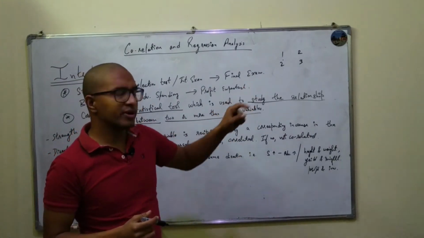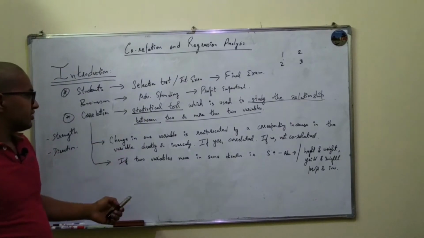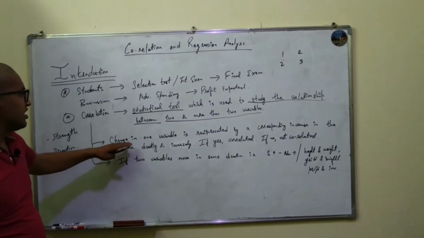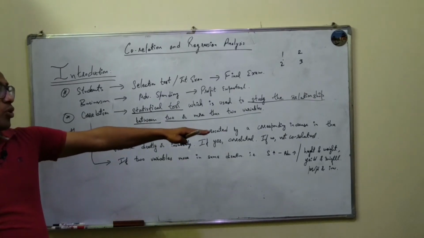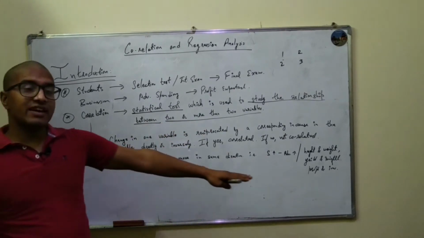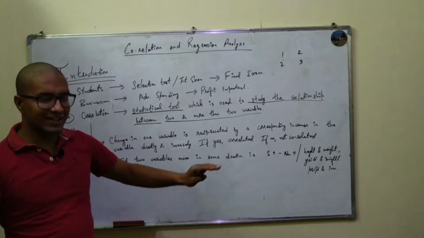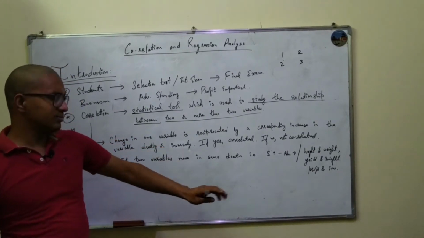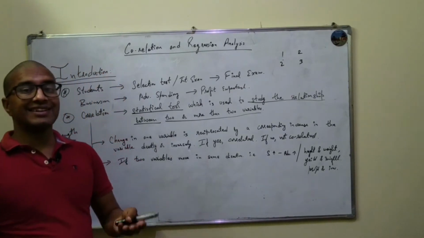Okay, so there will be a perfect correlation. Correlation can also be described as a change in one variable being reciprocated by a corresponding change in the other variable, directly or inversely. Okay, I'll tell you about the inverse part a bit at the bottom. So if yes, then it is correlated. If no, then it is not correlated.